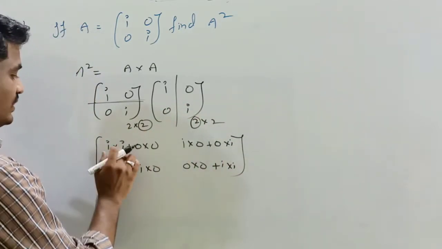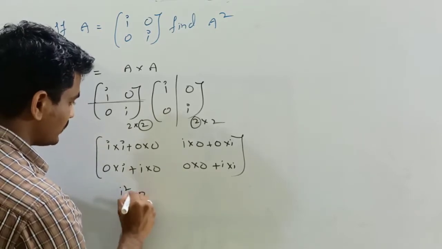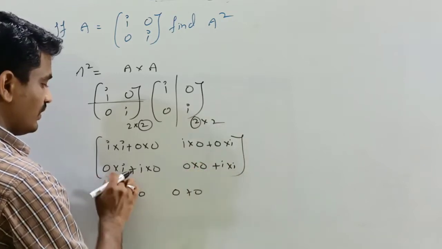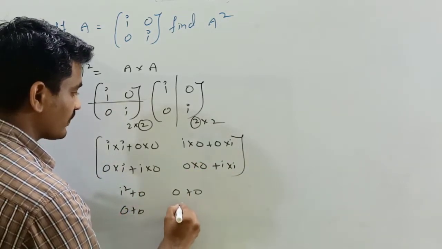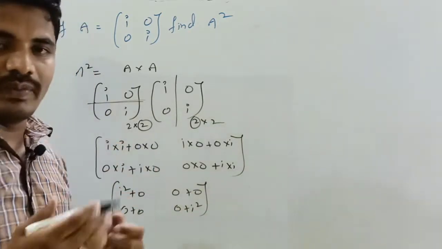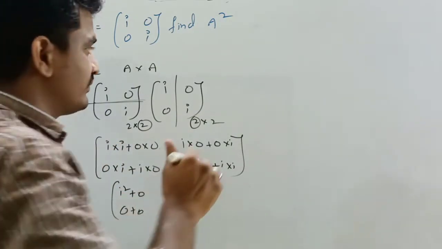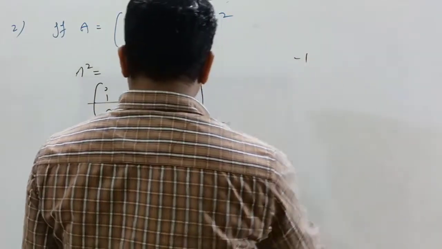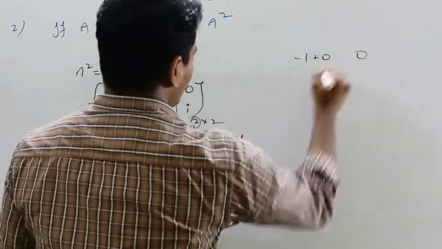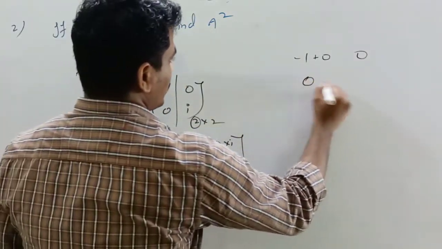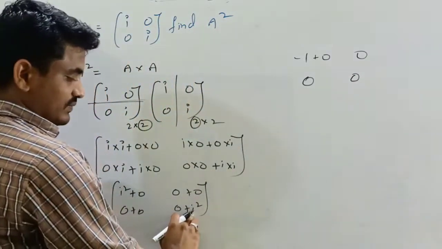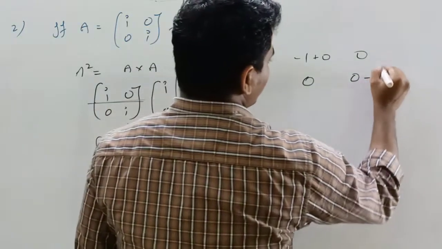Okay. Next, i into i is i square plus 0, and 0 plus 0, because i into 0 is 0, and 0 plus i square. Yes, we know in complex numbers i square equals minus 1.